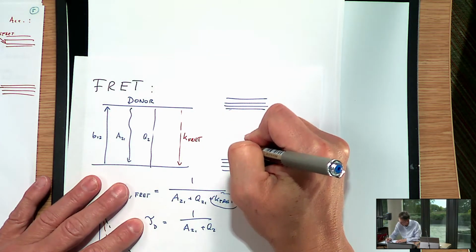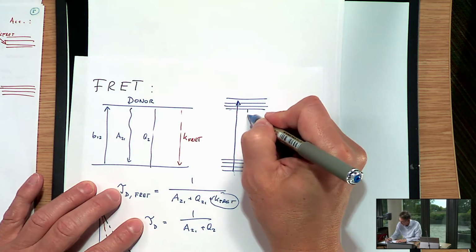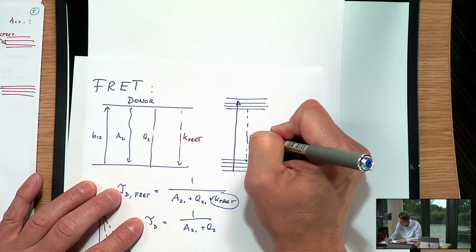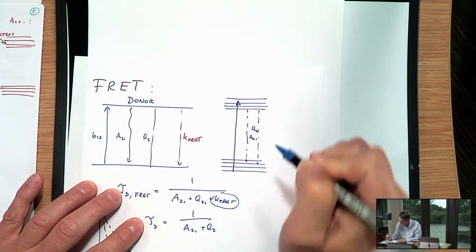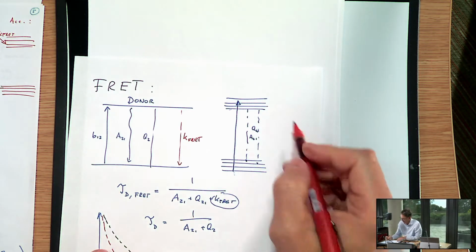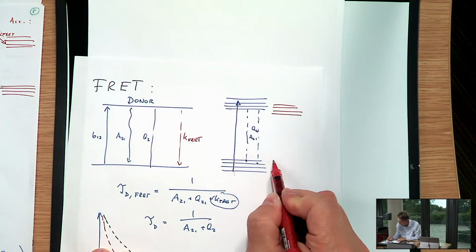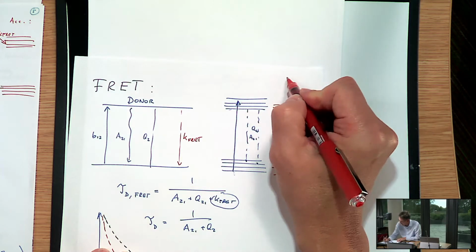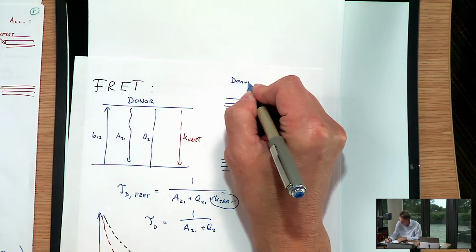I excite population up like so, and then of course we can have A21 and Q21 taking place as usual, right? But now I have overlapping energy levels of an acceptor molecule. So this is the acceptor here, and over here this is the donor.